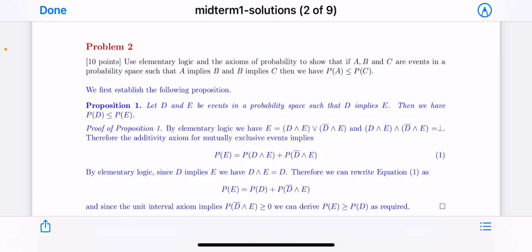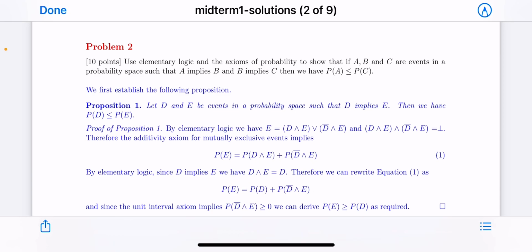So this problem is supposed to ask you to prove something which hopefully should be intuitively obvious, and it's asking you to prove it with absolutely no human brain allowed. It's asking you to prove it with symbolic computation.